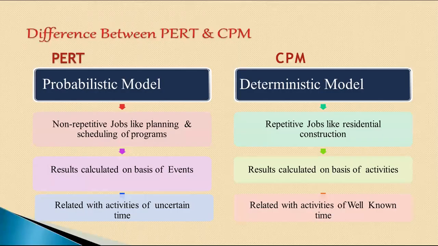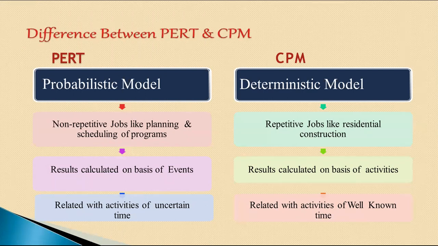Now let us see the difference between PERT and CPM. PERT is a probabilistic model and CPM is a deterministic model. In PERT, non-repetitive jobs like planning and scheduling of programs are done, whereas in CPM, repetitive jobs like residential construction are done.